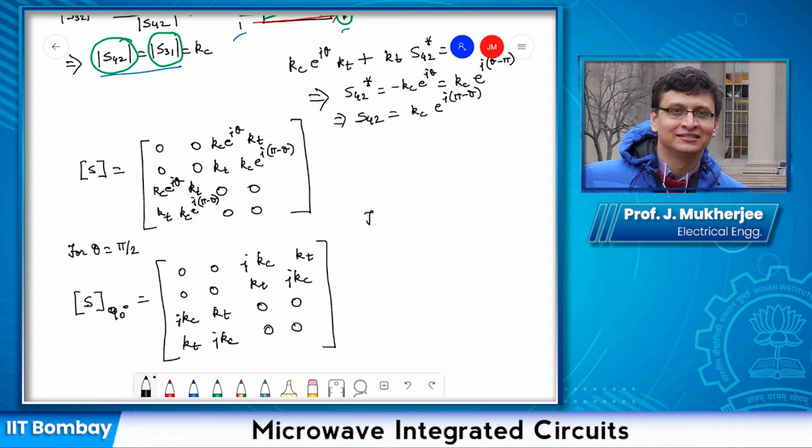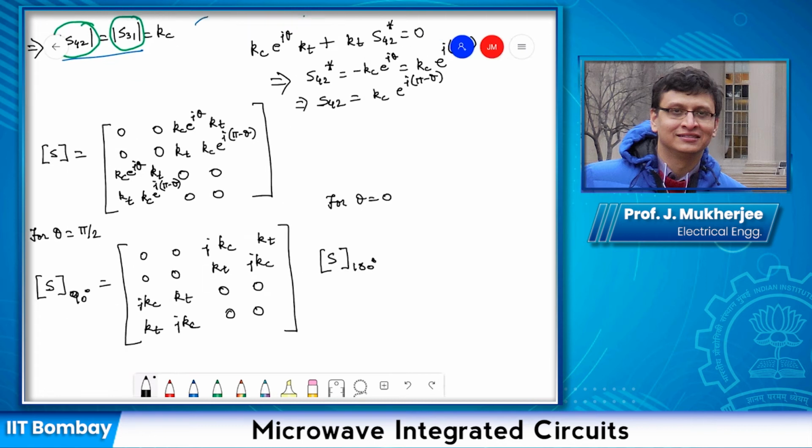And for theta equal to 0, we obtain another set of couplers which are called 180-degree couplers. Okay, so for 180-degree couplers, theta is 0, not 180 degrees.